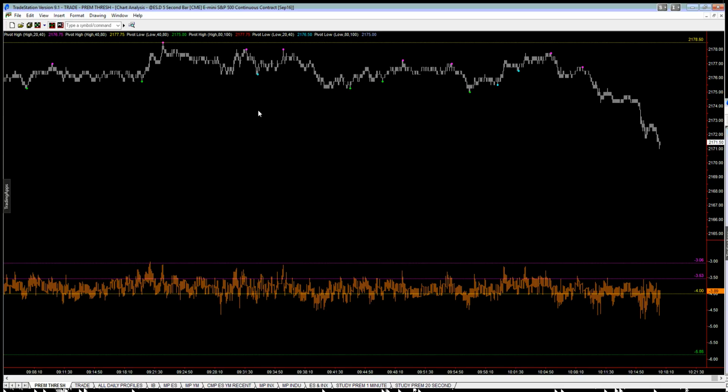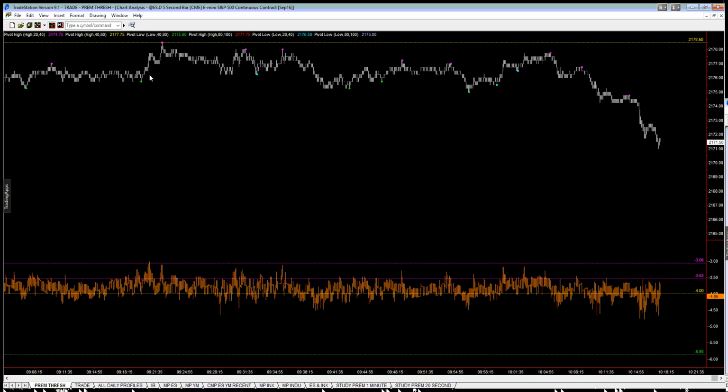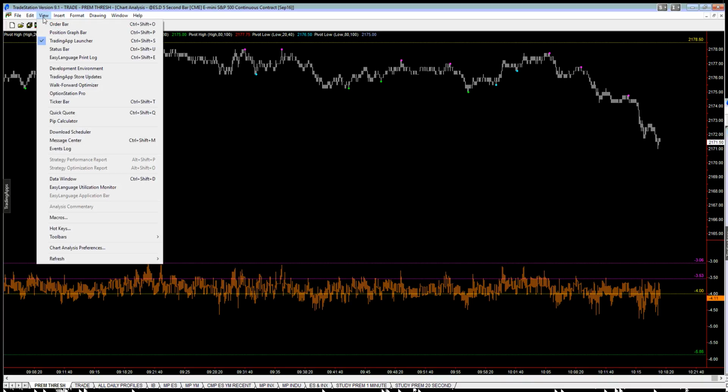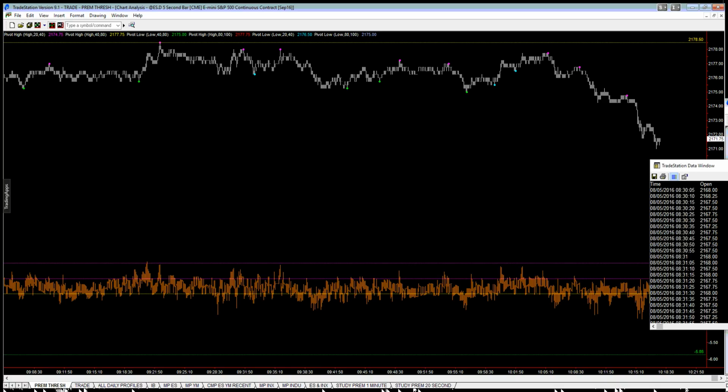All right, so we can set the premium initially corresponding to this low. Now, what I really like to do in instances like this is use the data window. It's a lot easier to read this. And I'll show you what I mean here.